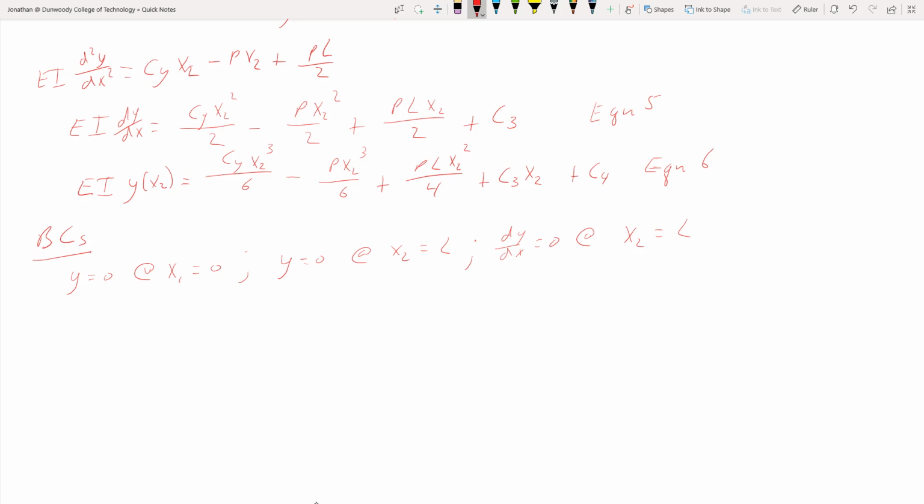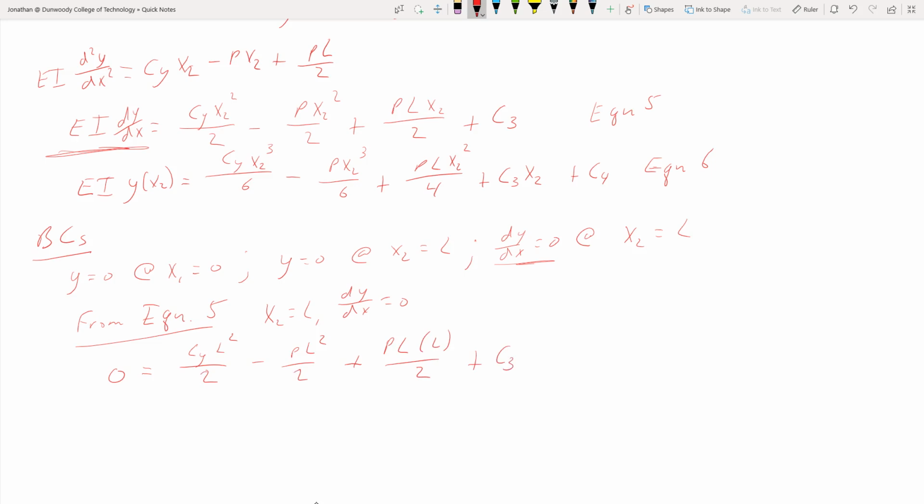Alright. So using equation 5 here, we're going to pull in this value at x equals L. We have EI times dy/dx is 0. That's going to go to 0. Zero equals, let me just fill that in here, dy/dx is 0. 0 equals Cy L squared over 2 minus P L squared over 2 plus PL times L over 2 plus C3.